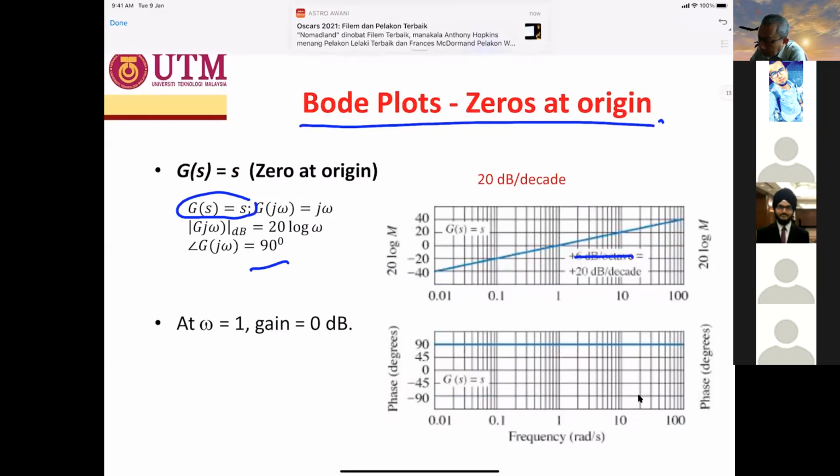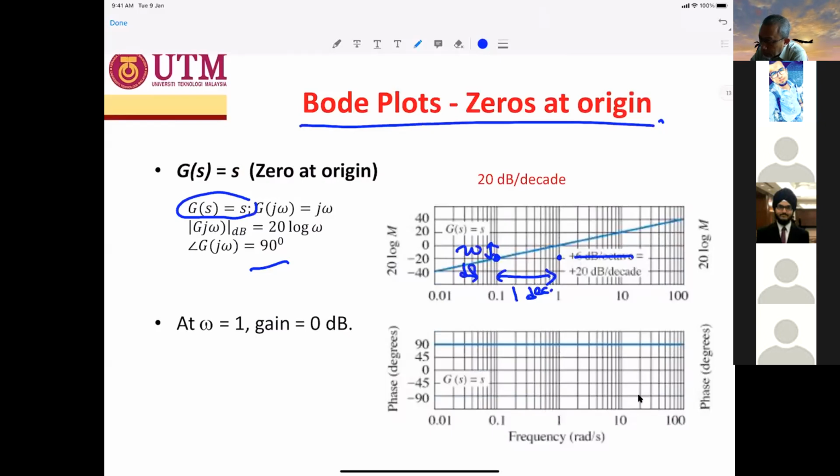So how do you calculate that? It's very simple actually. You get 0.1, you get 1 over here. So this is 1 decade, am I right? And the difference here is 20 dB. That's why the slope here is positive 20 dB per decade.